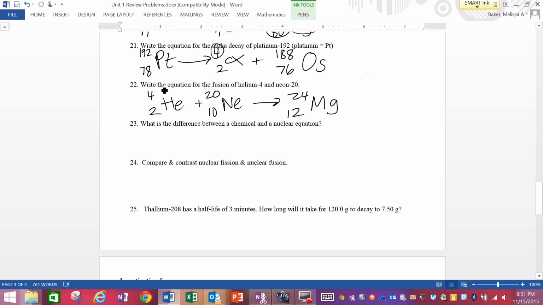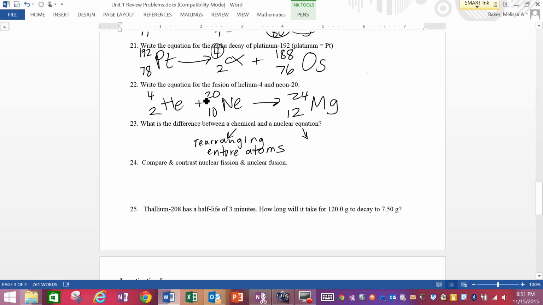What's the difference between a chemical and a nuclear reaction? In a chemical reaction, you're rearranging entire atoms. Atoms are moving around, combining with new atoms, splitting apart, switching places.